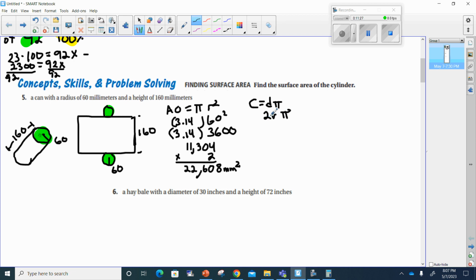So 2 times the radius, that's 2 times 60. And then we're going to multiply that by pi, which is 3.14. 2 times 60 is 120. Now we have 120 times 3.14.